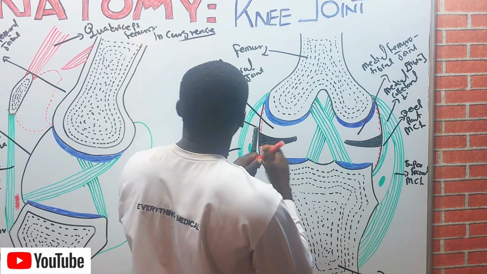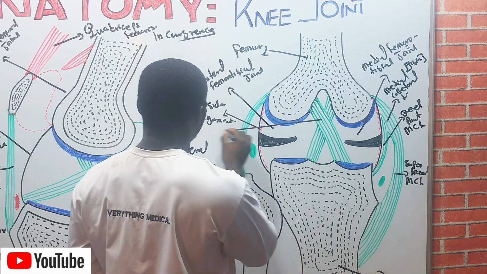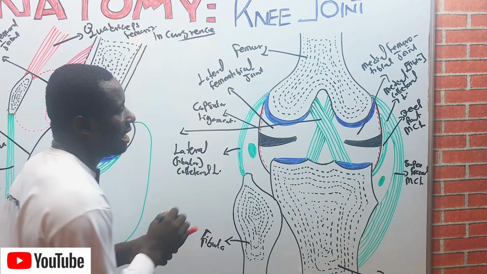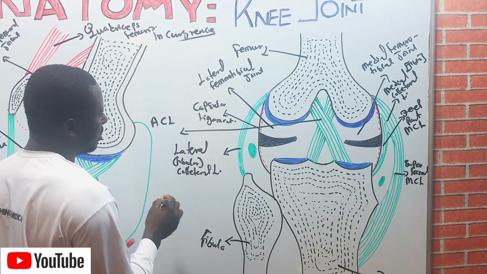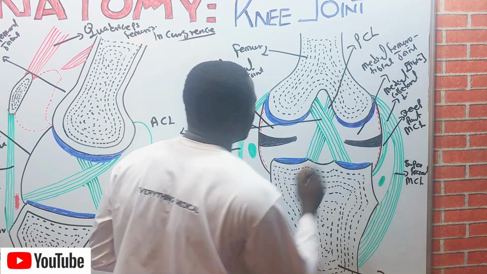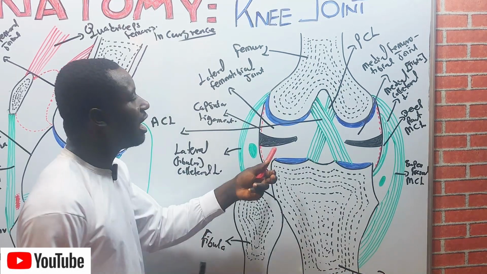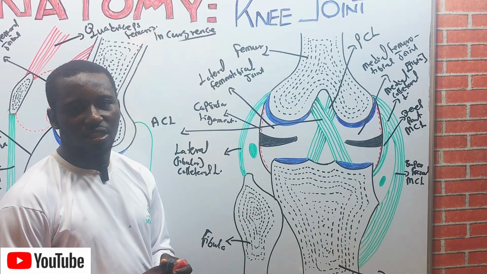Now, here is the anterior cruciate ligament, while here is the posterior cruciate ligament. The cruciate ligaments are located inside the knee joint.